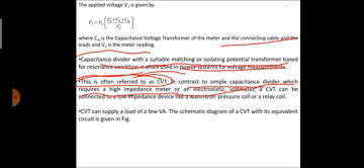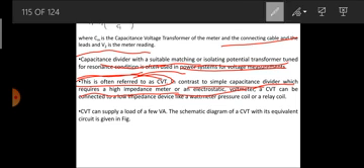So a CVT can supply a load of, say, a few volt amperes.